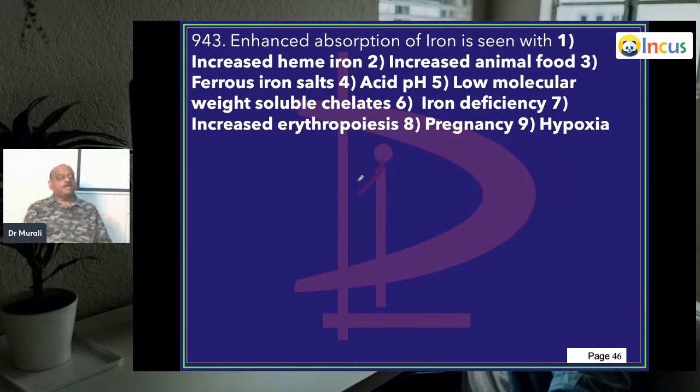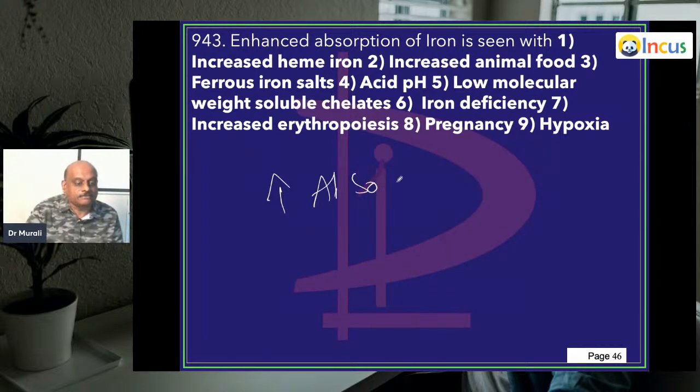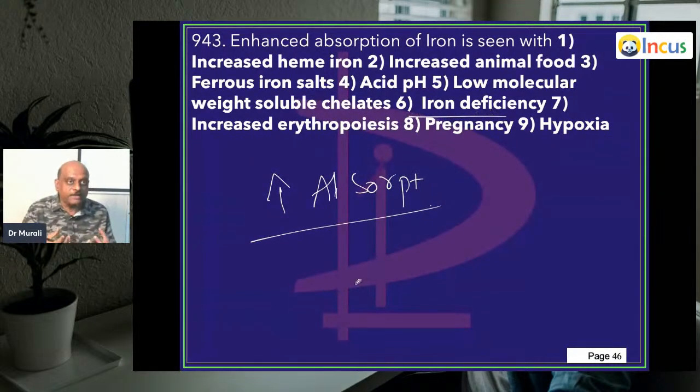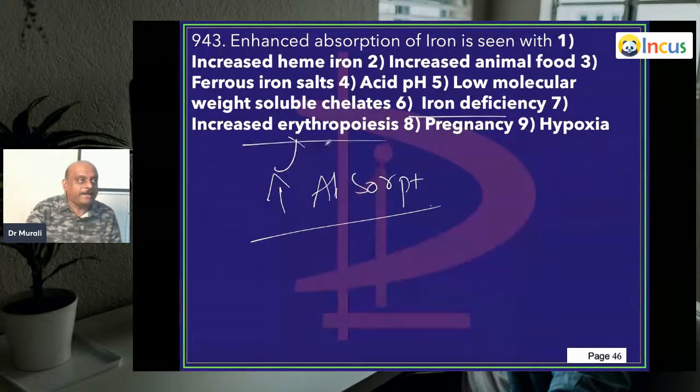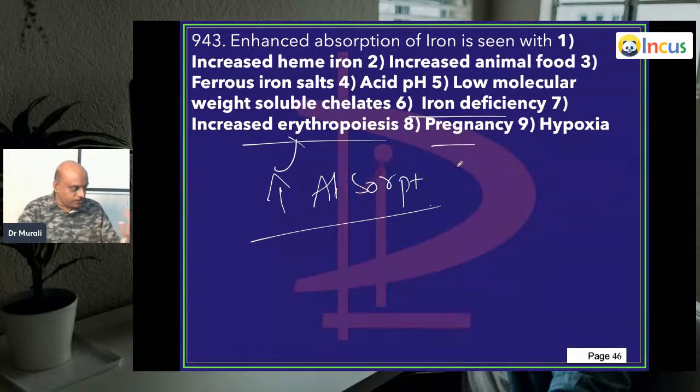What are the conditions where increased absorption of iron occurs? Remember that those who have iron deficiency, the gut is very hungry to absorb iron. Little iron therapy you give also, it will be absorbed super fast. Similarly, any condition that leads to increased erythropoiesis, pregnancy also, they have a lot of ability to suck the iron.